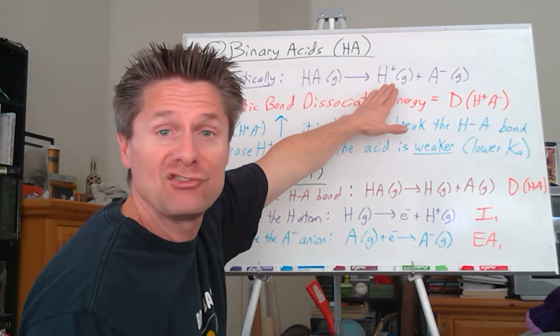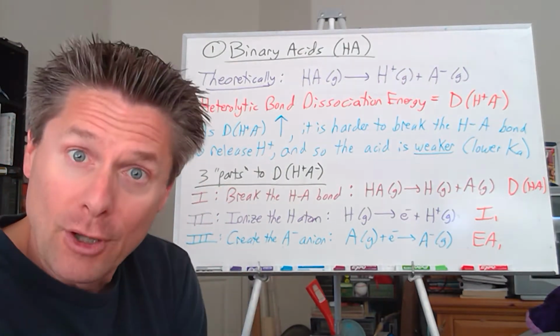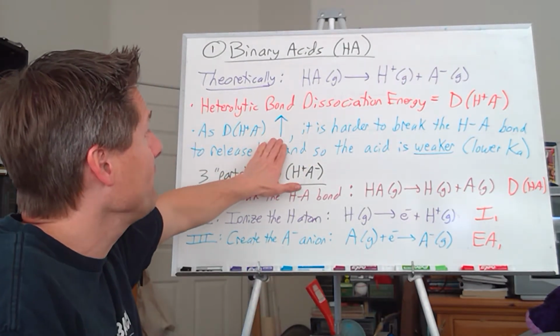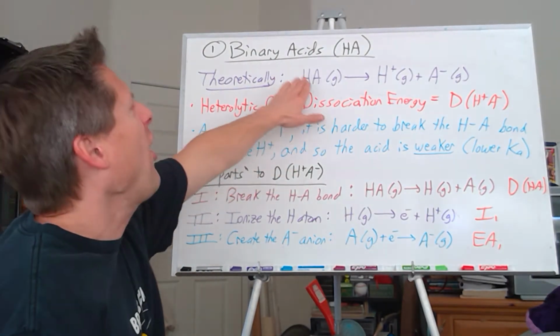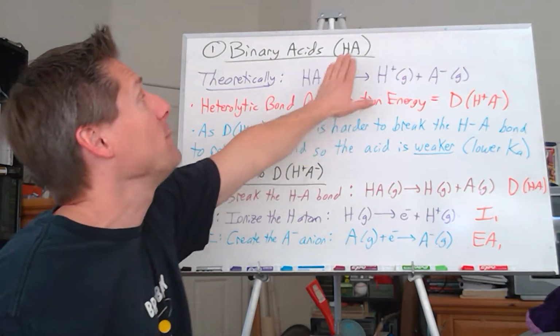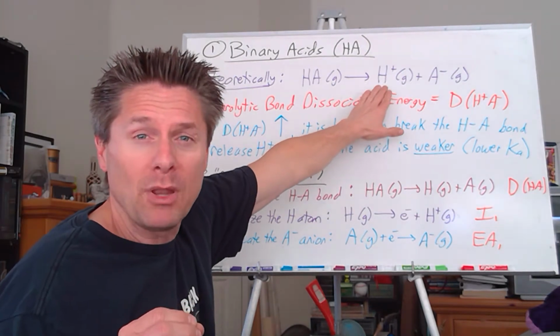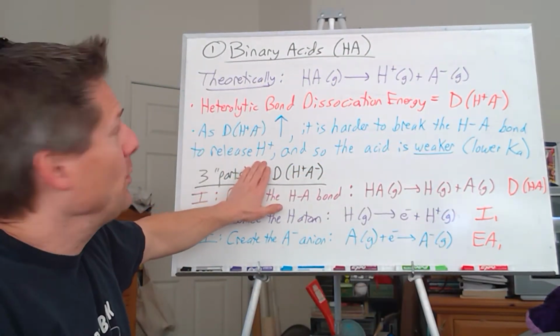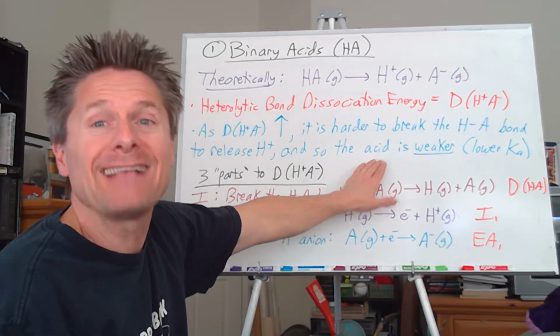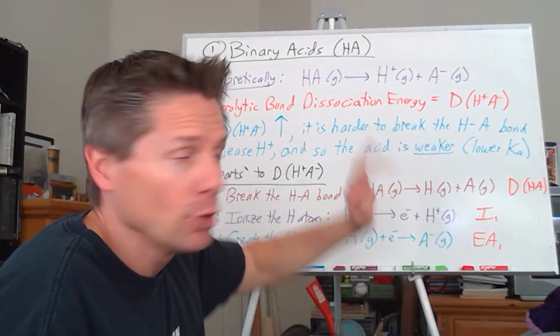The harder it is to do that, the weaker the acid and the lower the Ka. So higher values of this heterolytic bond dissociation energy make it harder to break that, which makes it harder to produce the H+, right? It's harder to break the bond and release the H+. Therefore, the acid is weaker, has a lower Ka value.